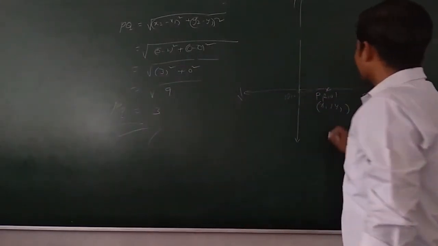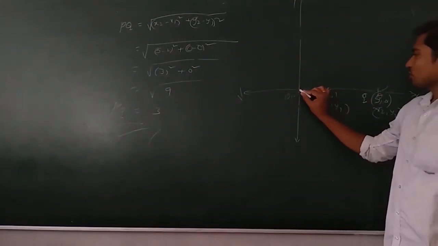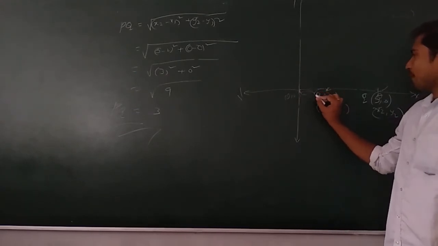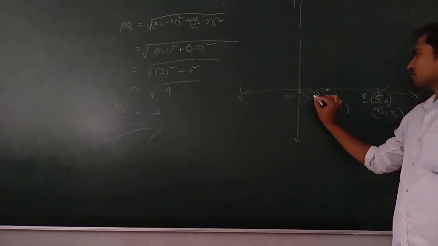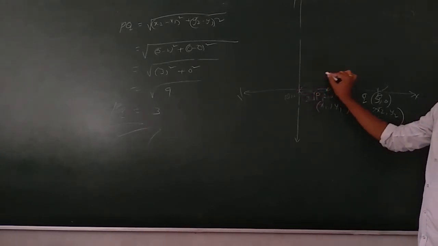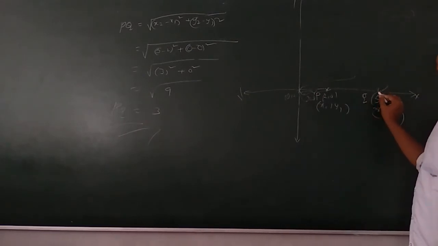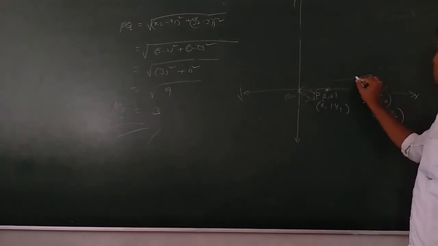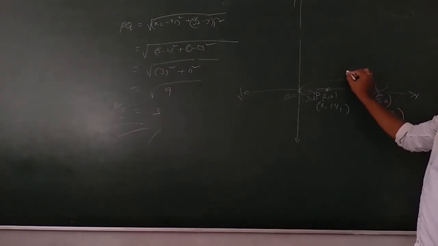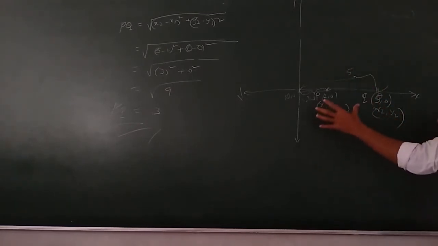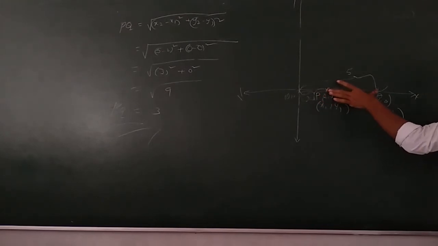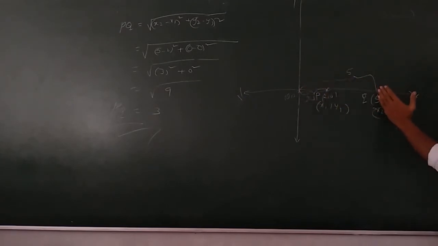Now, let us see OP equal to 2 inches and OQ is equal to 5 inches. I want the distance between P and Q up to here only. Then what I have to do here, I have to take full OQ, and then I have to subtract OP. Then I can get PQ.